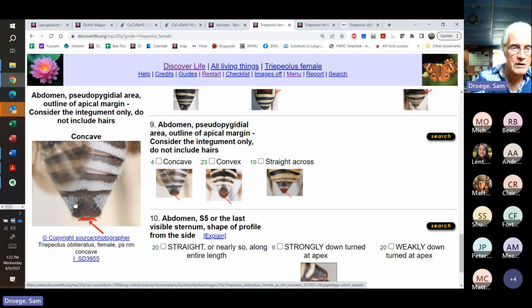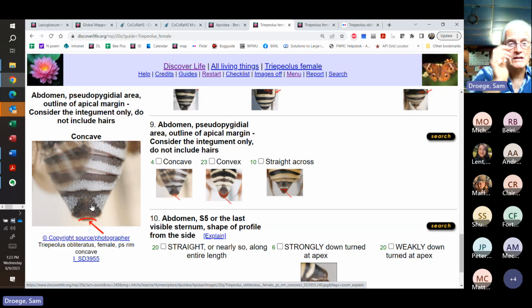The last segment of the female has this area right here, and it would be on every single one of the females that has modified hairs. Presumably that has to do with invading the nest of a Melissodes and somehow doing something with their rear end to form where the egg is going to lay.